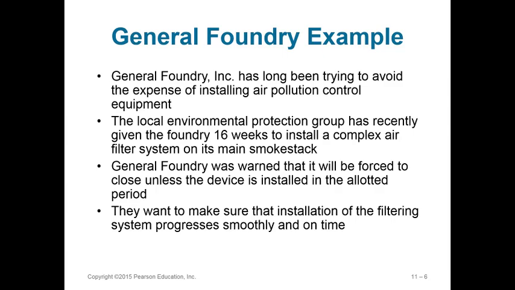So let's take an example that's going to go throughout both this lecture and the next one, the General Foundry example. The basics are that there's a foundry that is trying to avoid fines or other costs associated with air pollution, and so they have decided to create a filter system that has some rather complex things that have to occur.